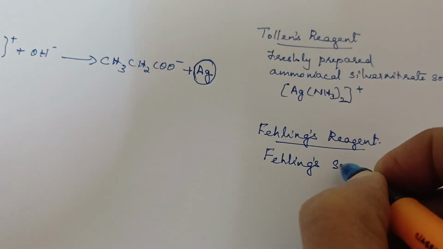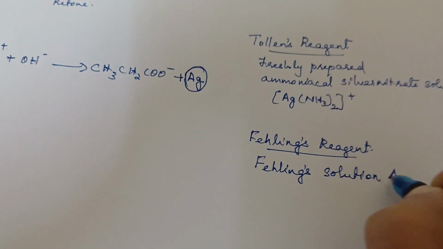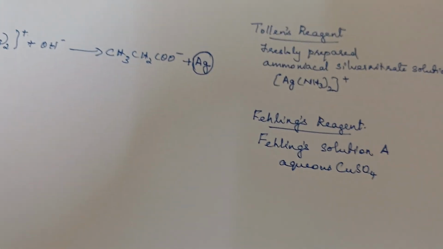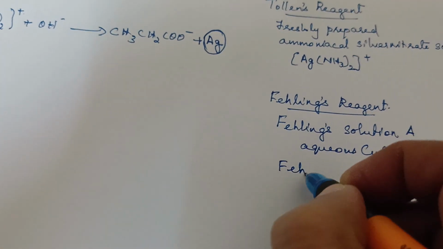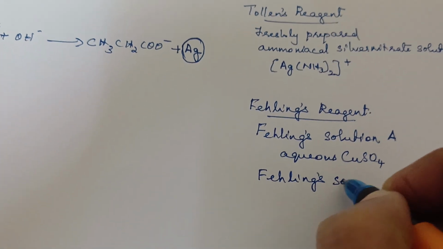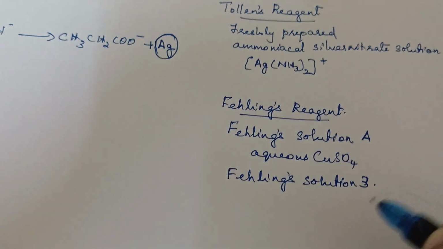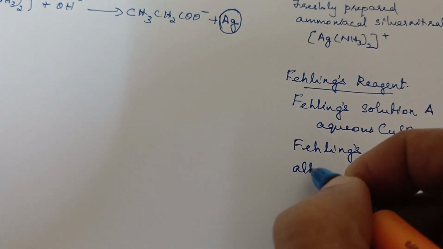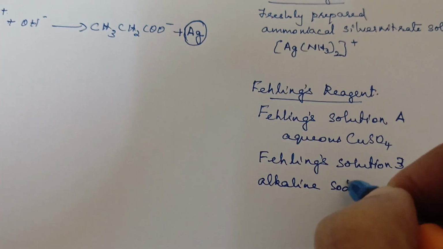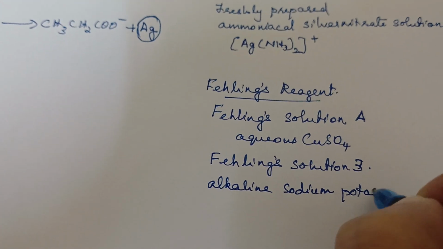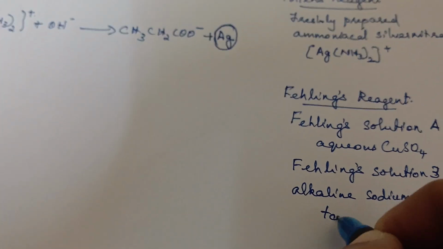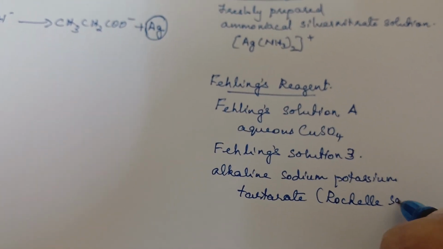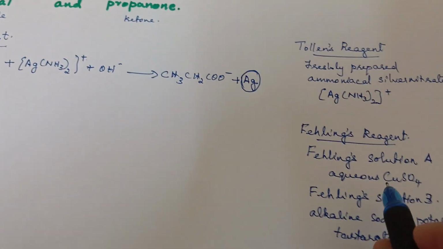Fehling's solution A is just aqueous copper sulfate solution, and Fehling's solution B is alkaline sodium potassium tartrate, or you call it Rochelle salt. So that is Fehling's reagent.